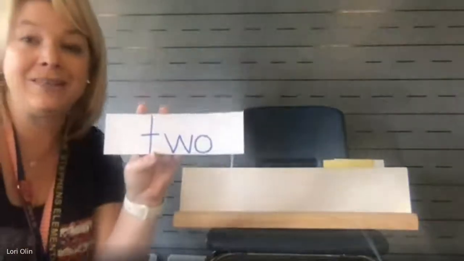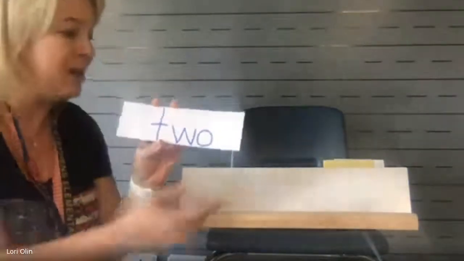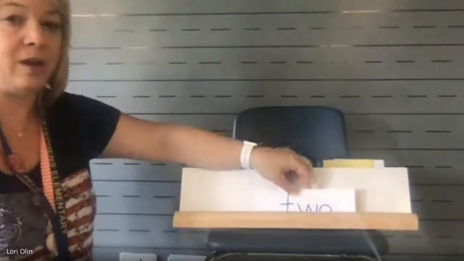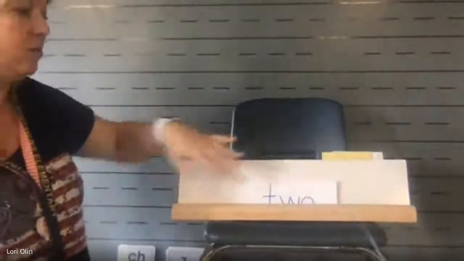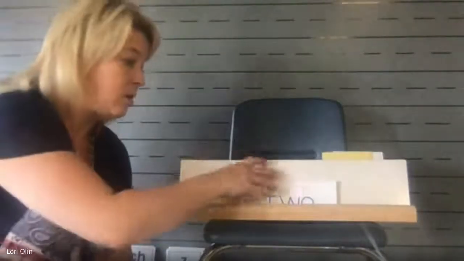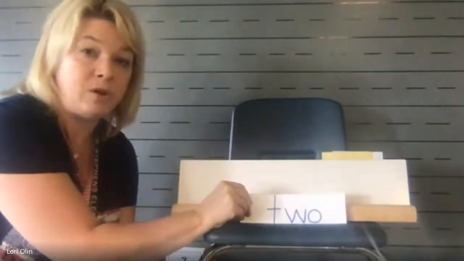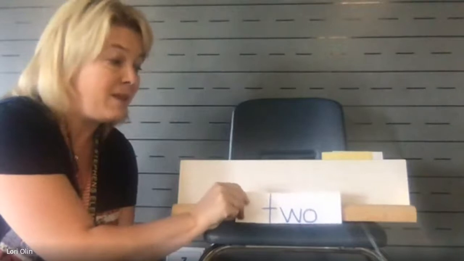I have one more word that I'm going to show you. It's the word two, but it's the number two. It can be super confusing to know which two you mean. Because you might say, I want to go to the store. You might say, I want to go too, which means you want to go also, or it might be the number two. This is the number two.